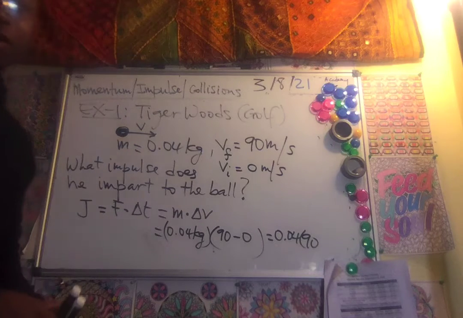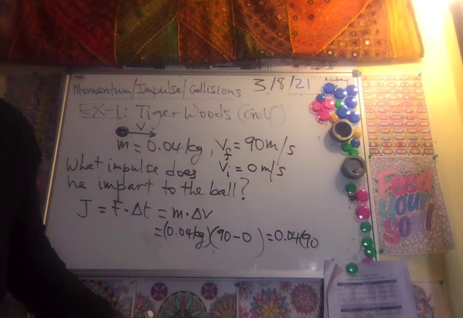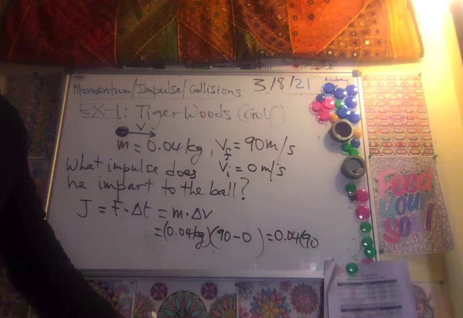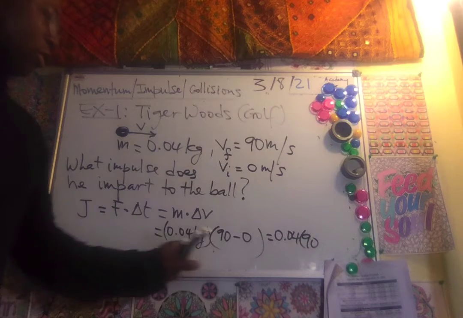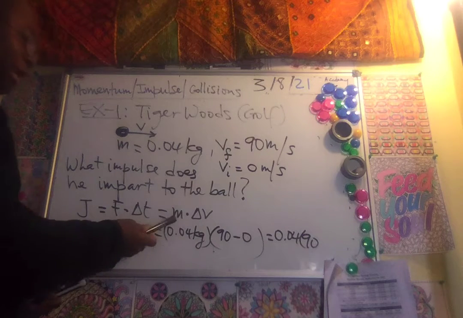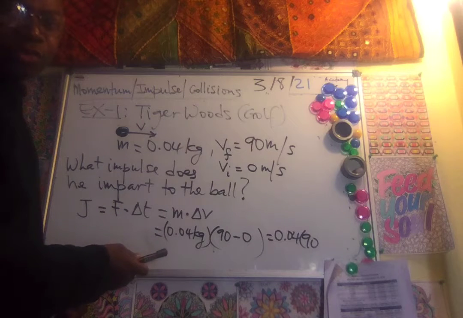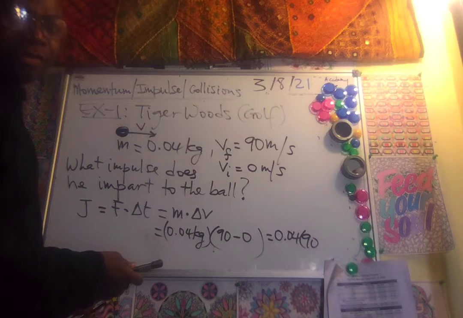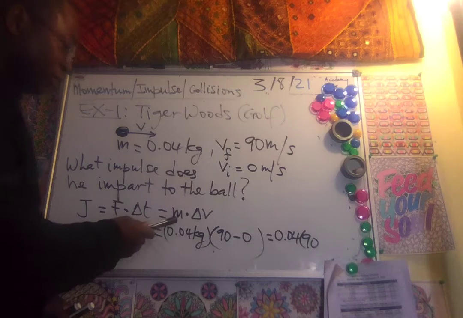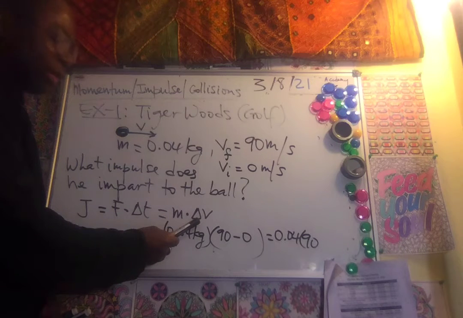What's the unit for momentum? Kilogram. You guys forgot, eh? Just look at the unit for each one. The mass is in kilogram. Thank you, Sophia. Kilogram meter per second. So this one is in kilogram, this one is meter per second.